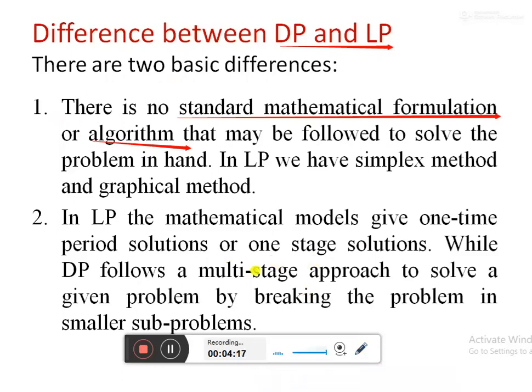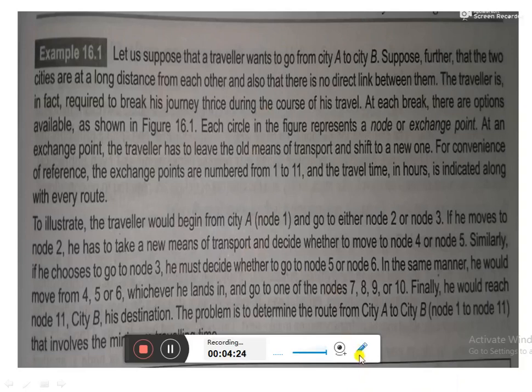That is, it divides the given problem into a number of sub-problems. Before moving ahead, let's discuss a standard multi-stage problem that can be solved with the help of dynamic programming.